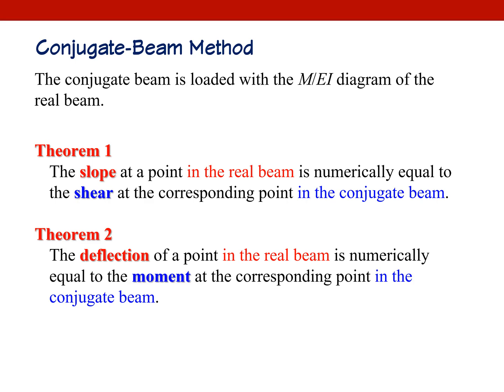Okay, so what? The conjugate beam method has two rules, as I already explained. First, slope at a point in the real beam is numerically the same as shear force in the conjugate beam.